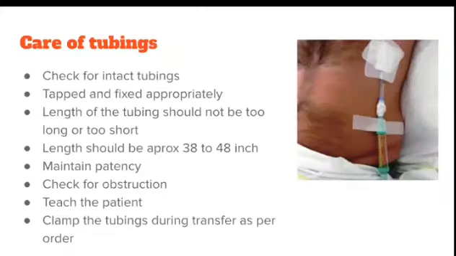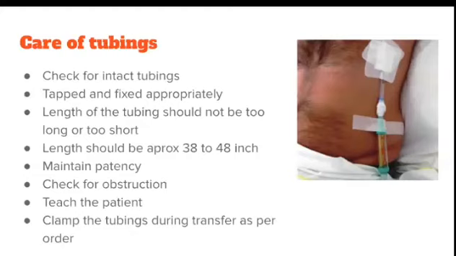Care of tubing. How should the nurse take care of the tubing, because tubing which is too long or too short is going to be a problem. So you should watch the tubing and check for intact tubing. Check that it is taped and fixed appropriately.